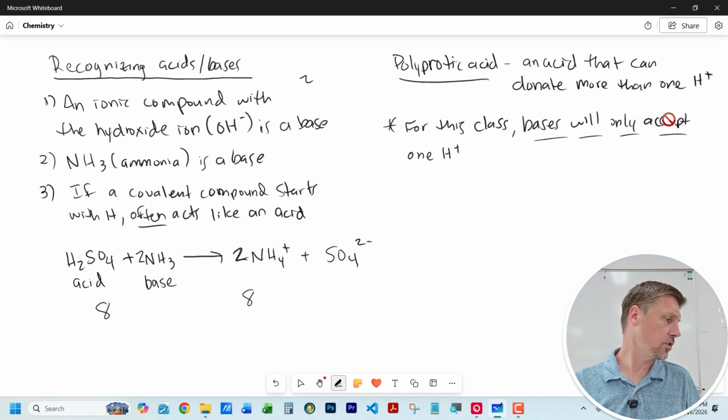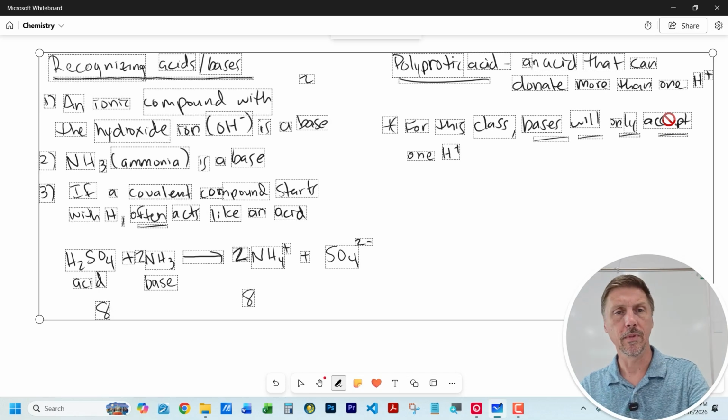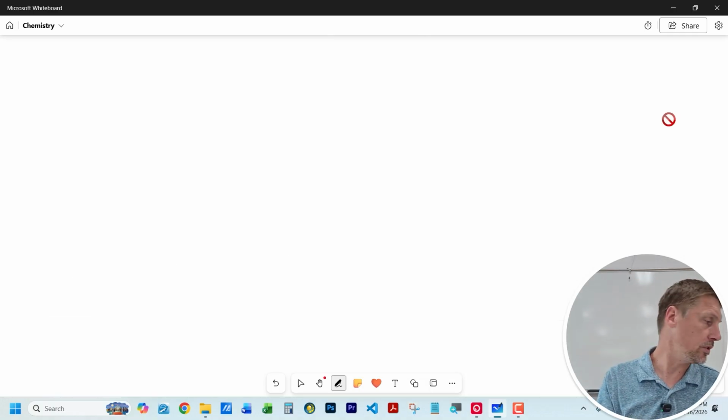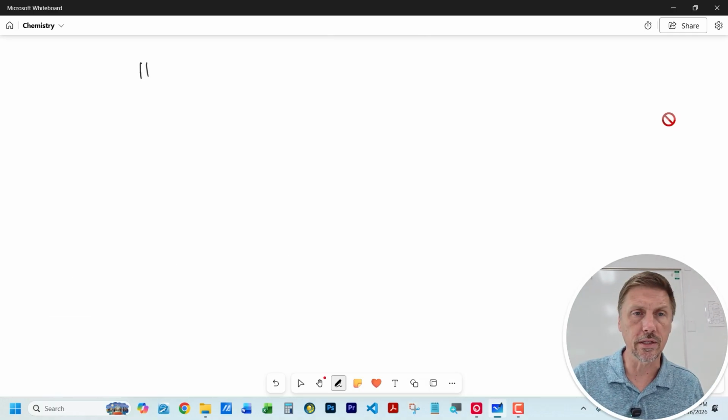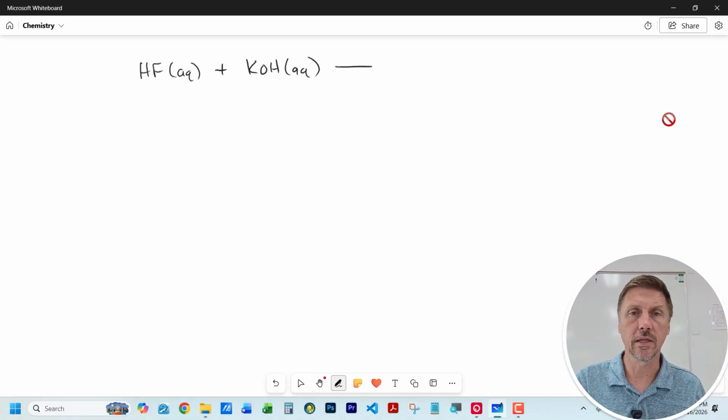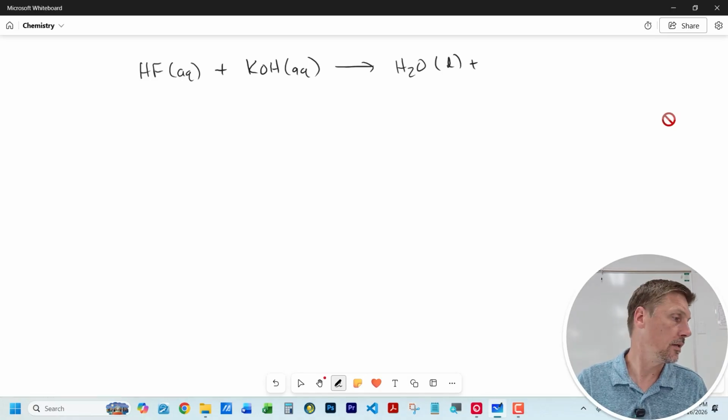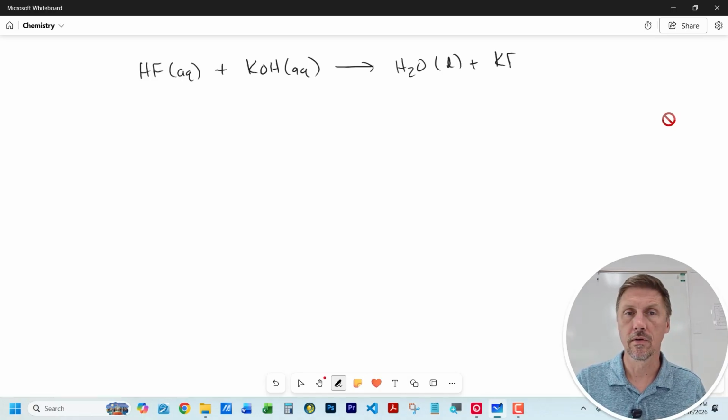Now, something else that's really simple to see once you get the hang of it is when you have a reaction like this. So we've got HF as aqueous, KOH as aqueous, and it's going to produce H2O as a liquid, and KF, which is aqueous.